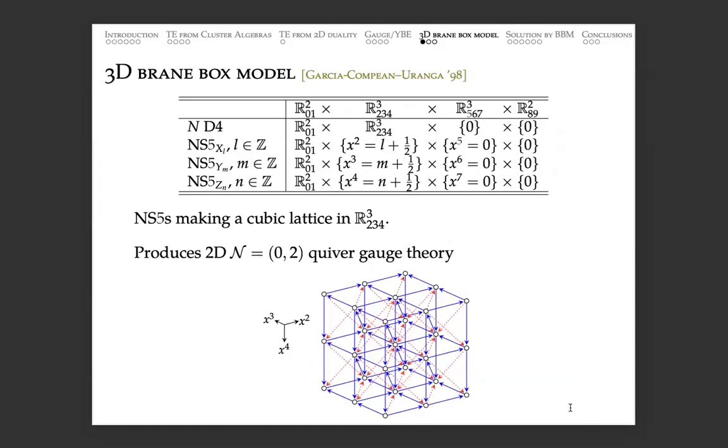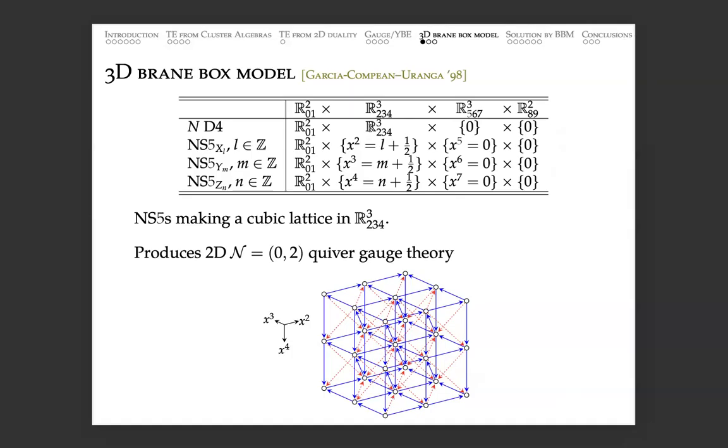All right. So there's actually a higher dimensional analog of this brane construction, which goes under the name 3D brane box model. Okay. So it's very simple. Instead of type 2B string theory, I consider type 2A string theory. Well, the details don't matter. But instead of D5 branes, I can consider D4 branes, which extend in this direction.